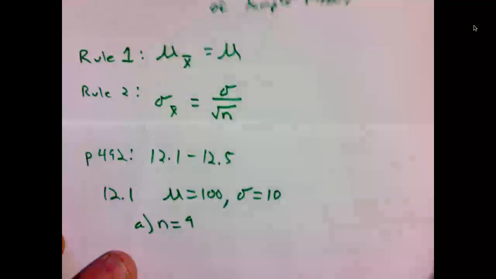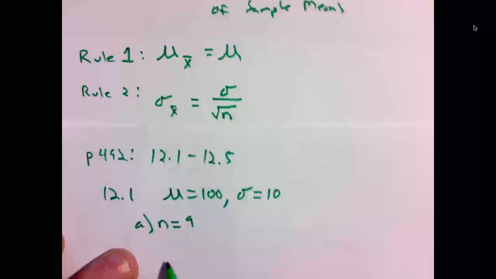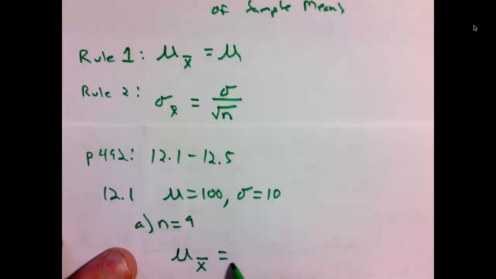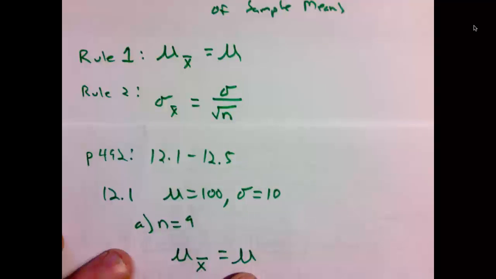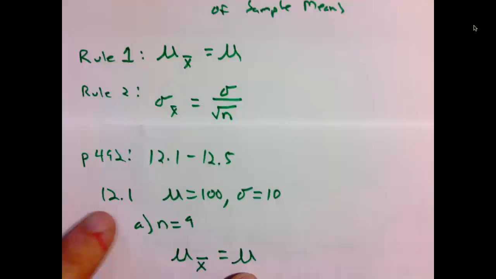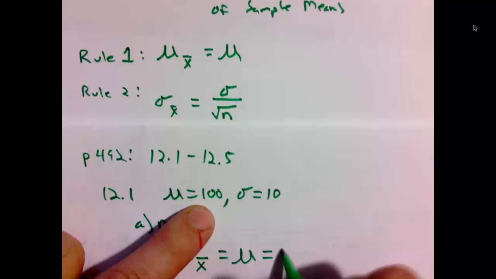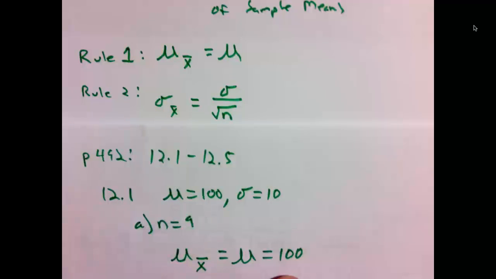All right. Rule 1 says the mean of the sample means is equal to the population mean. So in all of the ones, 12.1a and the rest of them, the mean is going to be 100. That is our population mean.